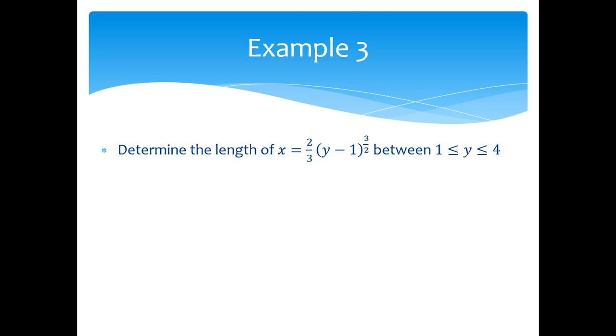Determine the length of this arc. Right? This is a function in terms of y. We want to find the length.